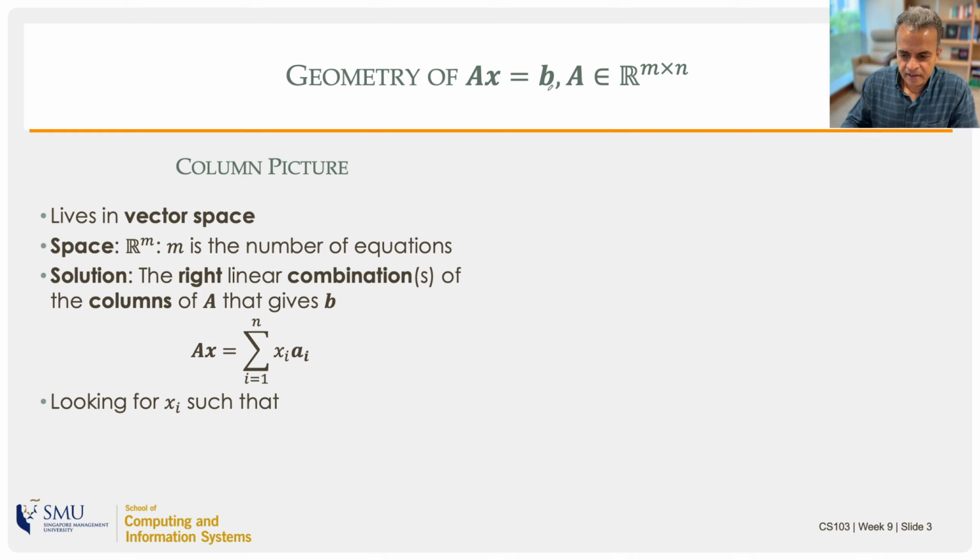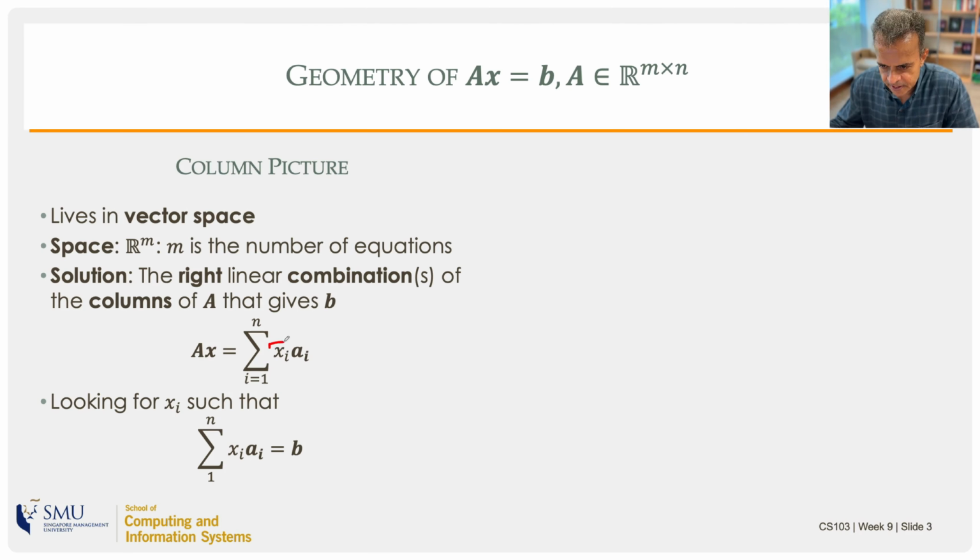And when that equals b, then the small xi's here will be the solution. If you put them in a vector, then you get the solution vector, or vectors, because there may be more than one solution. So that's a column picture, and that is a sophisticated picture that we will be working with.